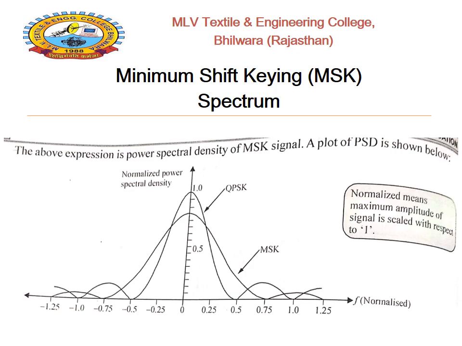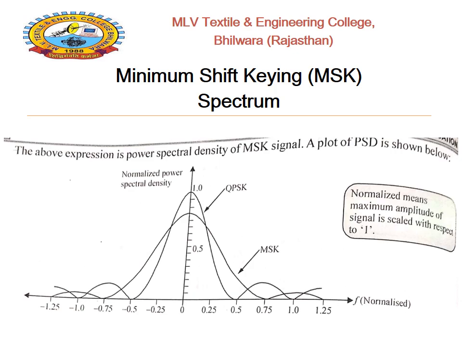In the case of MSK, the power spectral density curve is flatter as compared to the QPSK signal, and the comparison is of the normalized frequency with respect to the normalized power spectral density. So this is the comparison of the power spectral density curves of the MSK and QPSK signals.